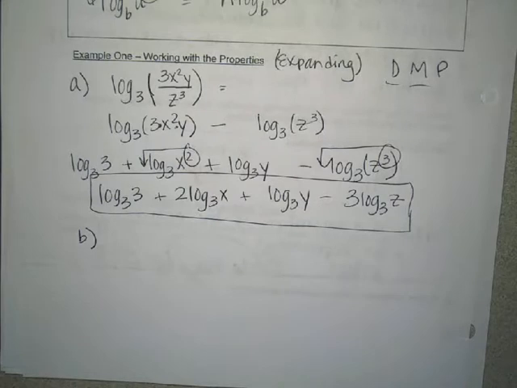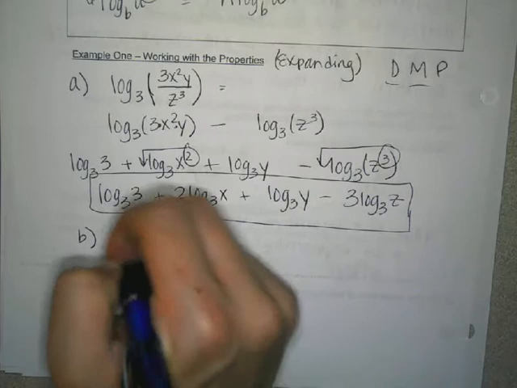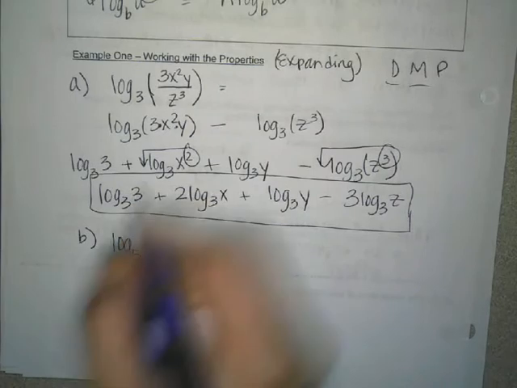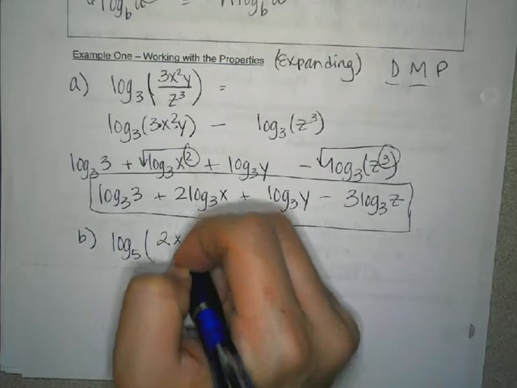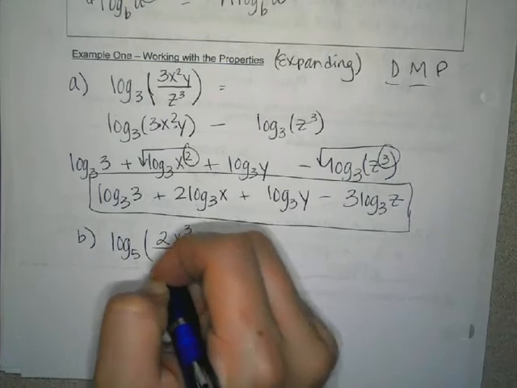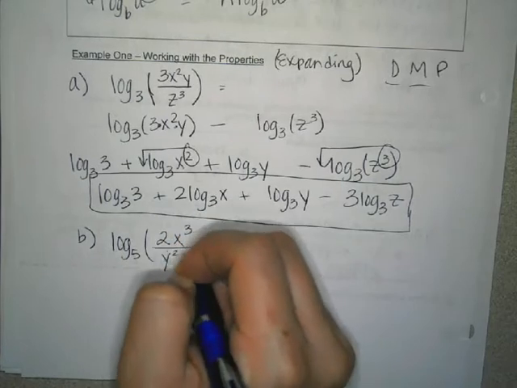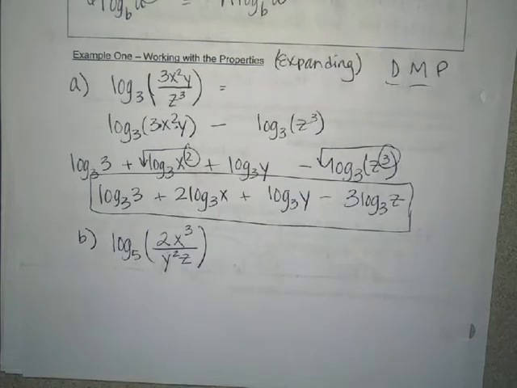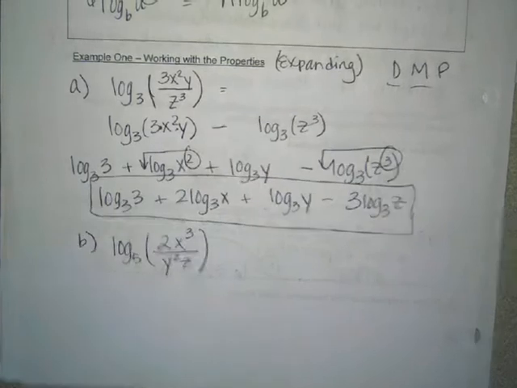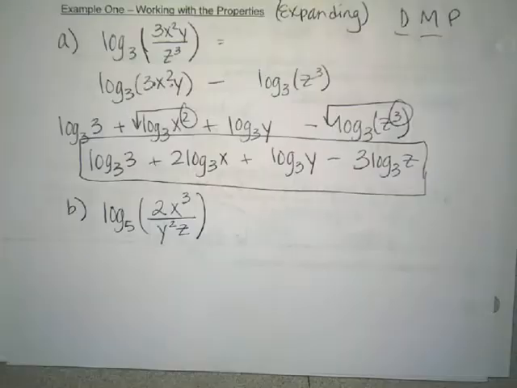Okay, let's try another one. Log base 5 of 2x cubed over y squared z. I'll try this. Okay, again, follow the little steps here.